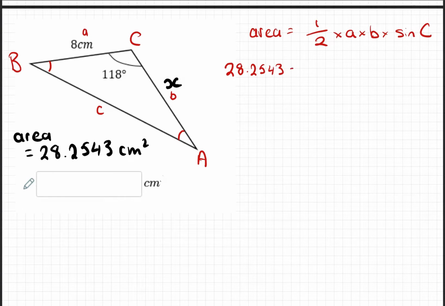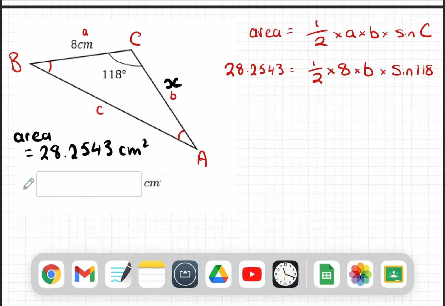So we know the area. 28.2543 equals a half times A, which is 8, times B, times sine of 118. So what I'm going to do in my calculator, well, half times 8, I know is 4, times sine 118.